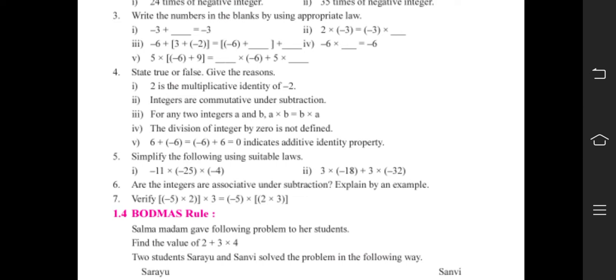What is the multiplicative identity? 1. The multiplicative identity is 1. So it is false. You have to write the reason: false because 1 is the multiplicative identity.